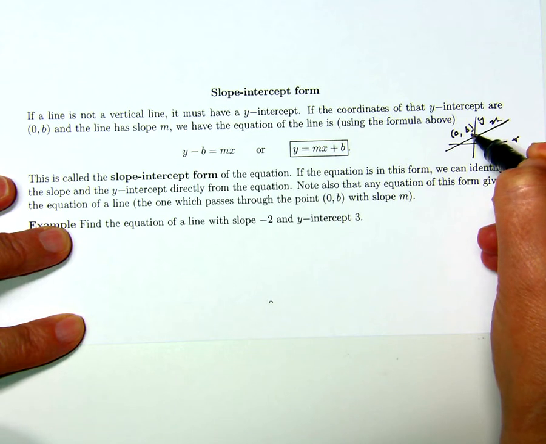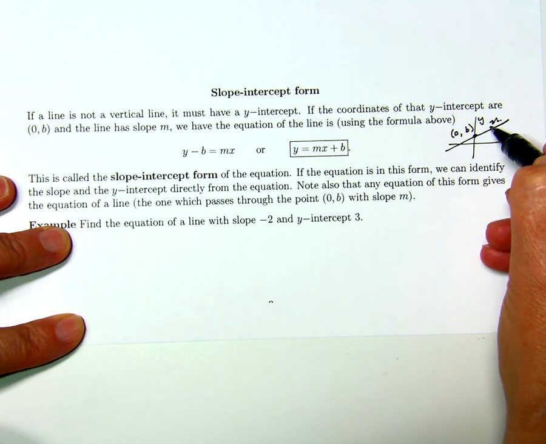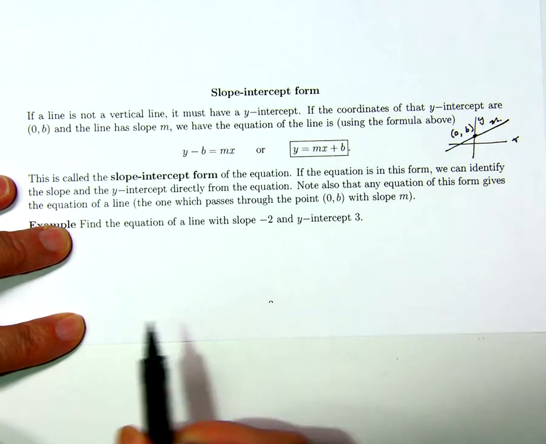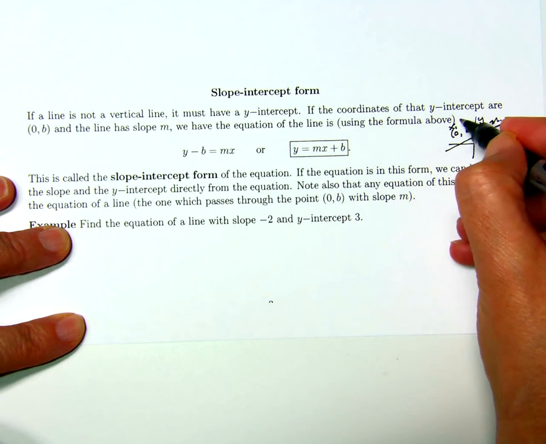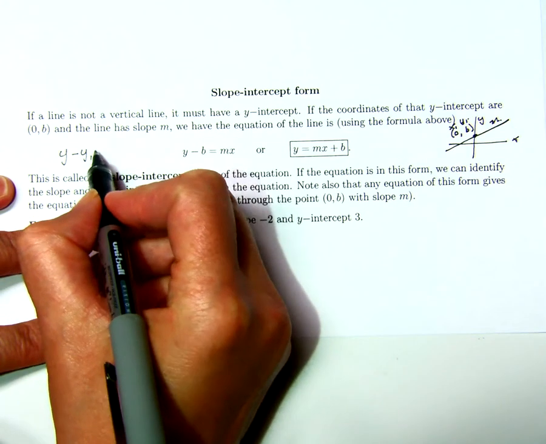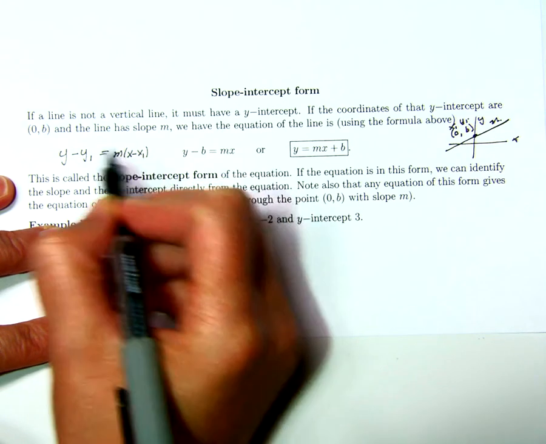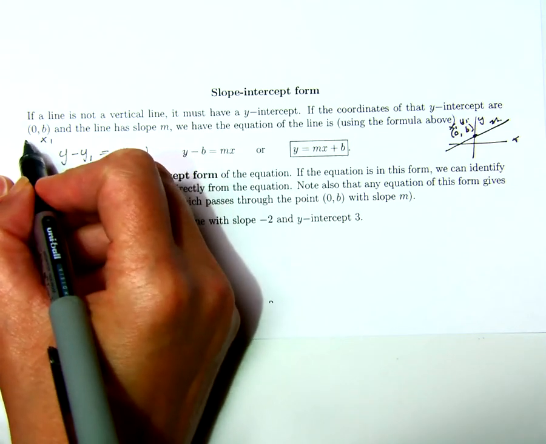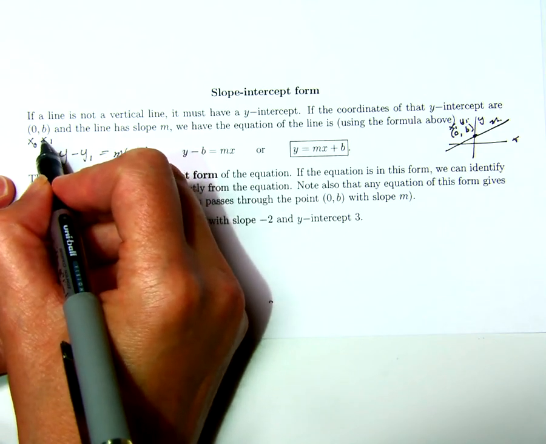And so therefore, according to our information above, the equation of the line is, this is (x1, y1), the equation of the line is given by y minus y1 equals m(x minus x1). But here x1 is 0, and y1 is b.